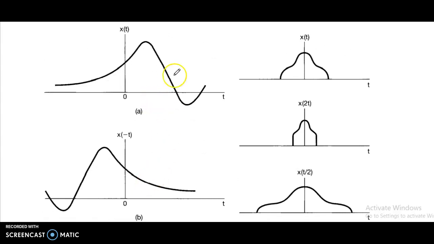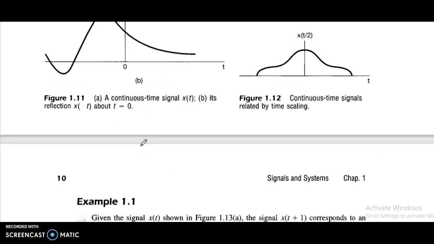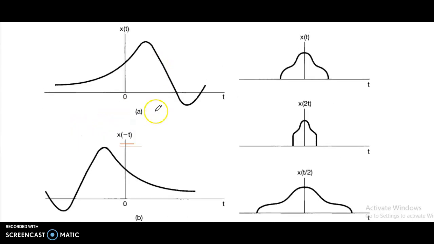This is reflection, so x of minus t, about t equal to 0. You can say mirror image also.